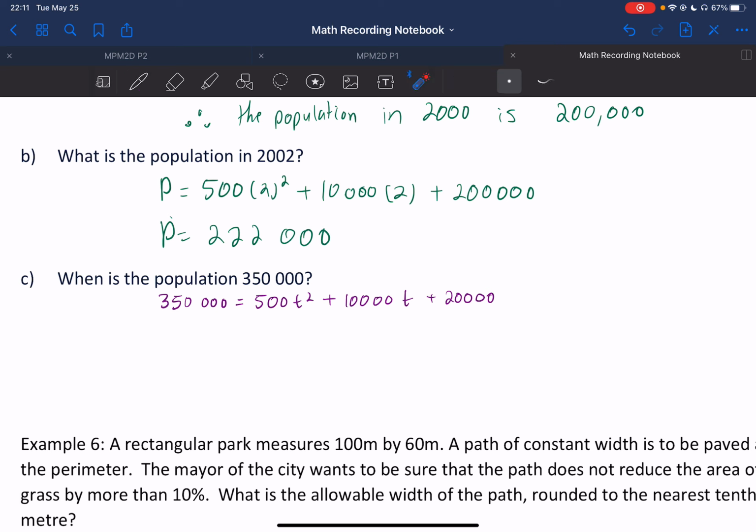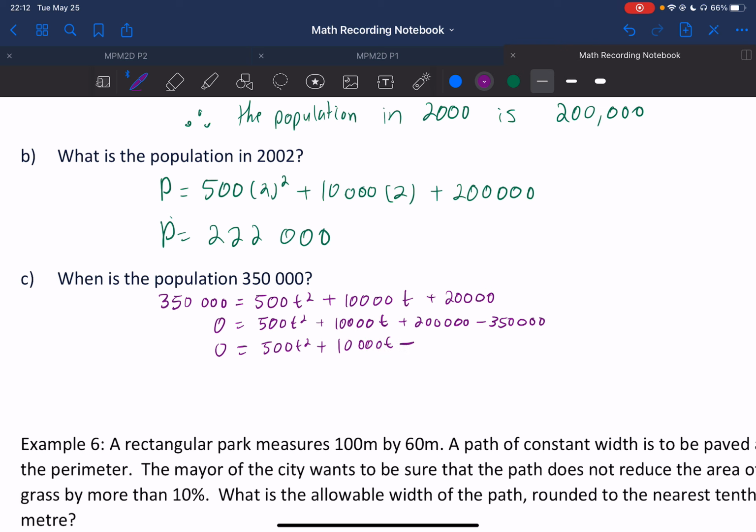What we want to start off by doing anytime we solve when we have something equal to a left side, we're going to move that over and make our left side equal to 0. So now we have 0 equals 500t squared plus 10,000t plus 200,000 minus 350,000. In our next line, that gives us 0 equals 500t squared plus 10,000t minus 150,000.